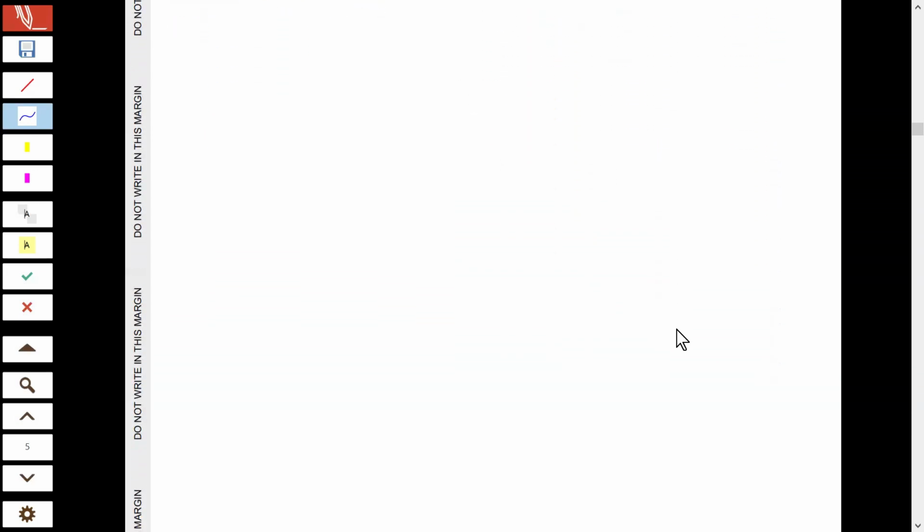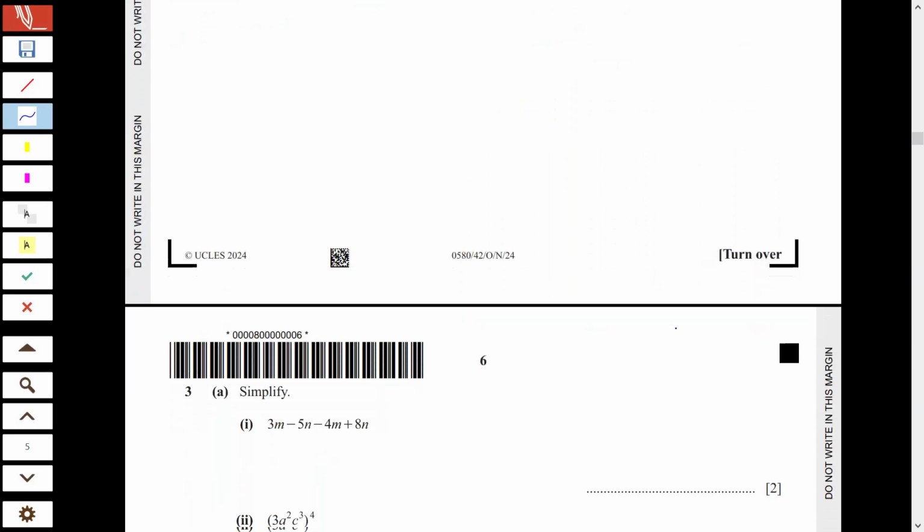So to the next question, question number 3. Simplify 3m minus 5n minus 4m plus 8n. To simplify the algebraic expression, the first thing you have to do is rearrange by grouping the like terms. 3m and negative 4m are like terms, negative 5n and positive 8n are like terms.